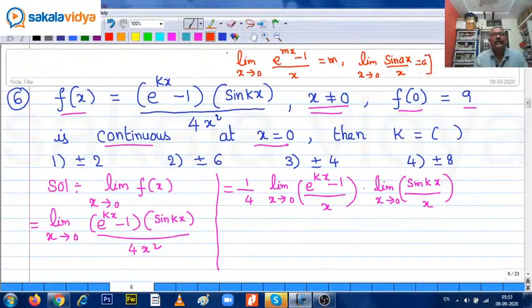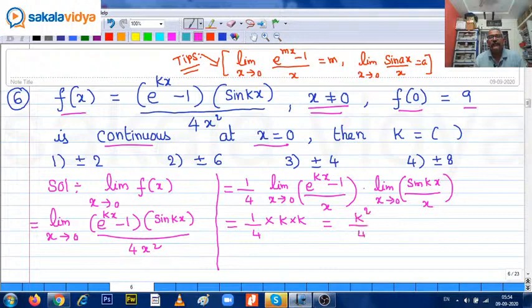These are the tips we have already studied. With the help of these two tips, easily we can solve. Apply these two tips. This is actually k, this will also be k. So that means 1 by 4 times k times k, which is k square upon 4.